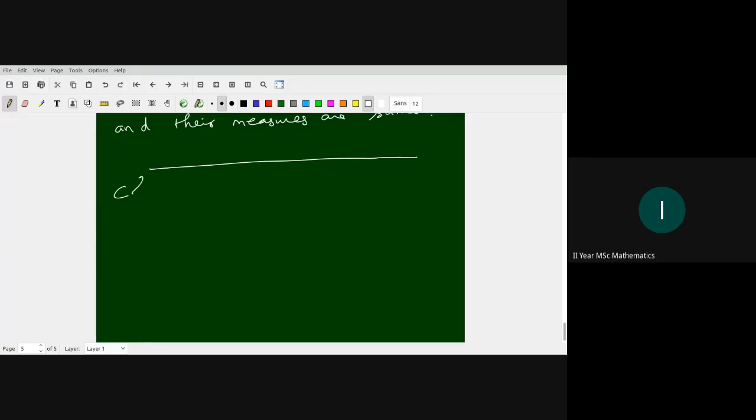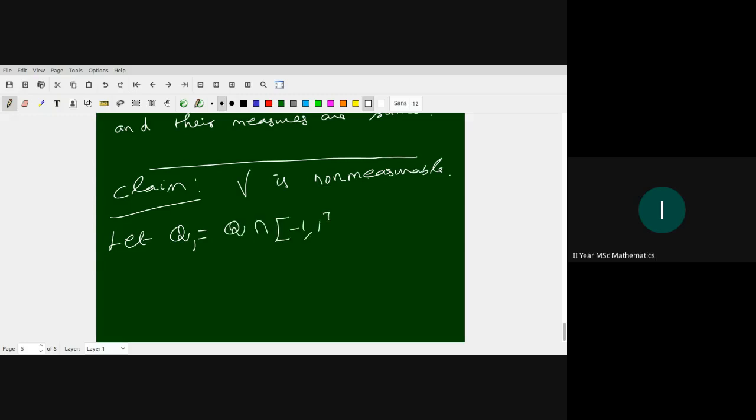Now our claim is the set V is non-measurable. So let us define Q1 equal to Q intersection minus 1 comma 1.